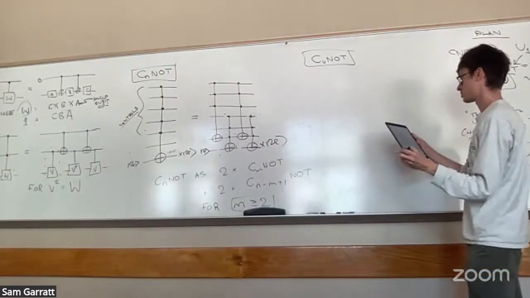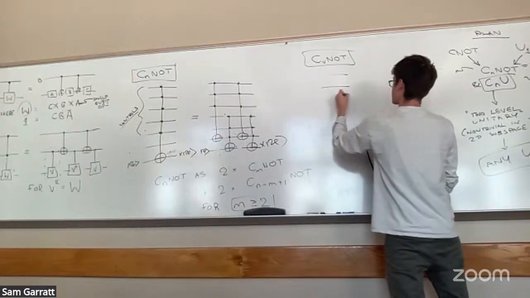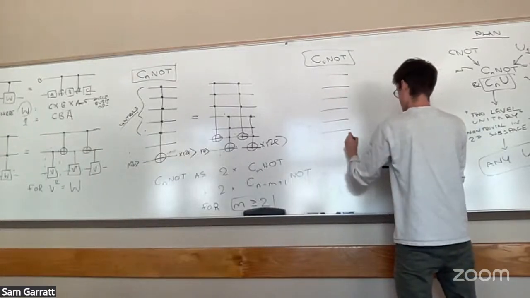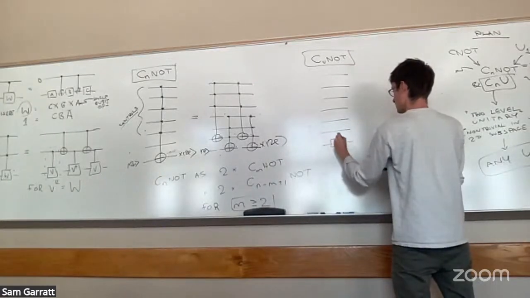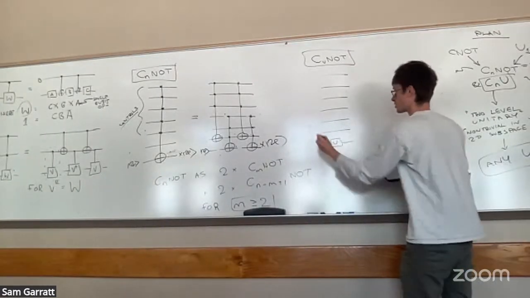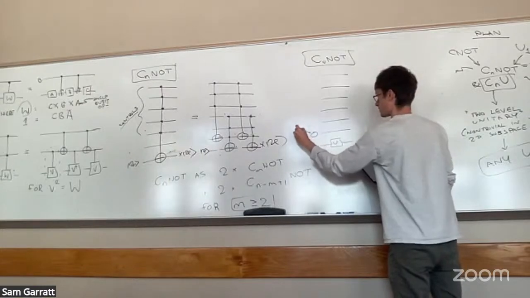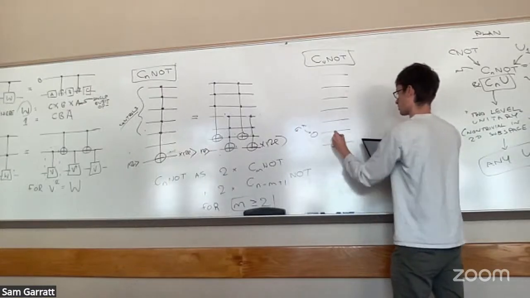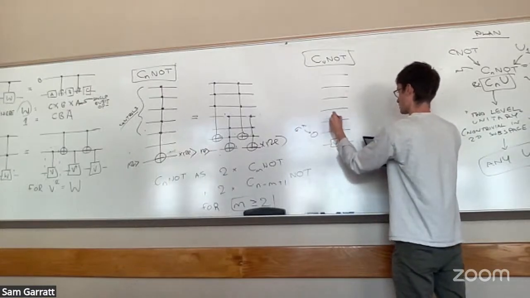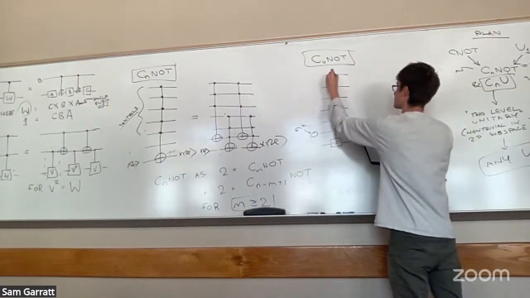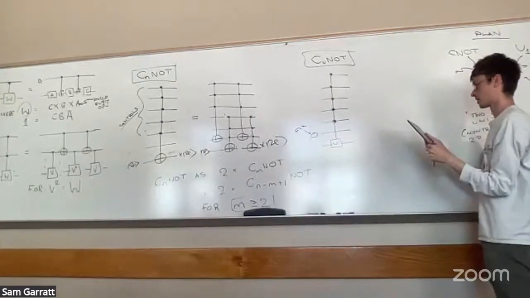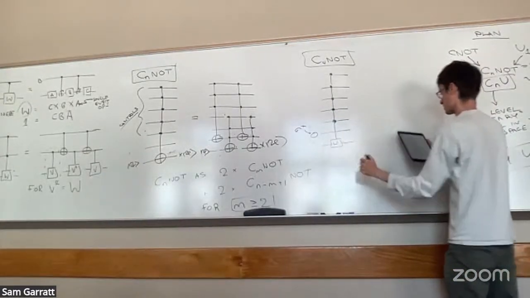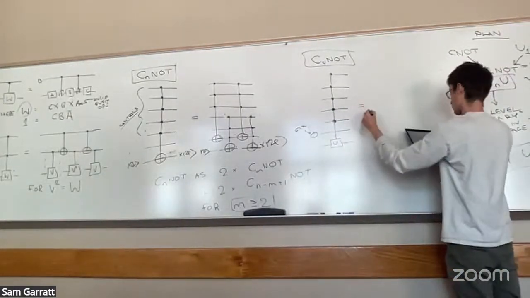To implement CU, what we want is this. We want to implement a U here, and now what we're going to do is fix this to be 0. What we're going to try to implement is this multi-control U. This multi-control U, with that fixed to 0, it turns out can be expressed in the following way.